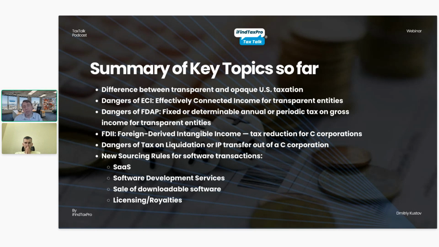We just talked about how you can pay less tax on corporations if you have foreign sales. We went over the dangers of tax on liquidation or IP transfer out of the US of a C corporation. That's a trap, a big trap. New sourcing rules, we just went over them for SaaS, software development, sales, and licensing. This is a summary of what we have done.